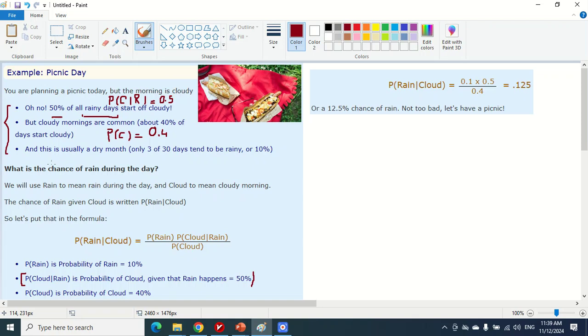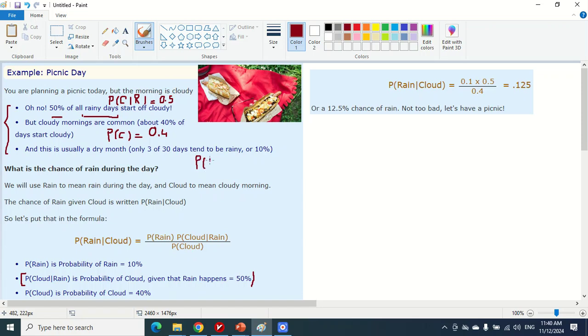It means that usually it's a dry month and 3 out of 30 days tend to be rainy, or 10% of the days are rainy. So it gives you the rainy day probability. So the third fact is the probability of rainy days.